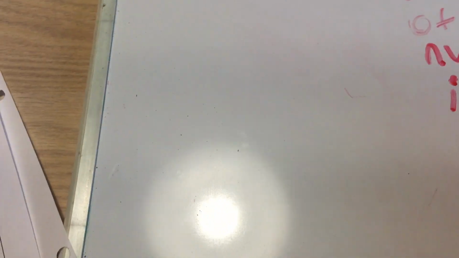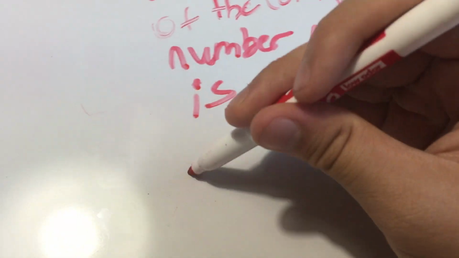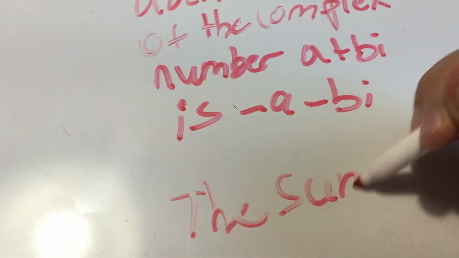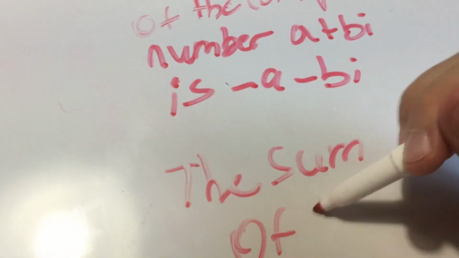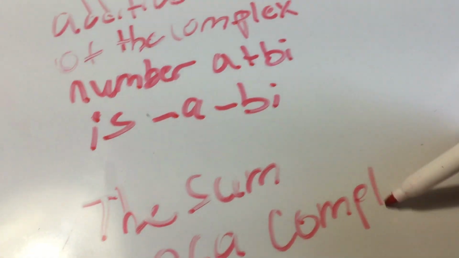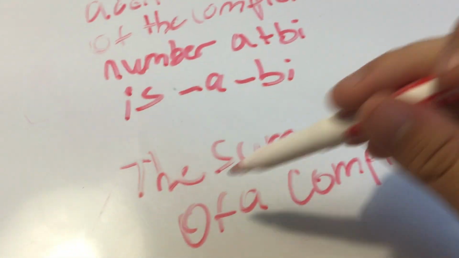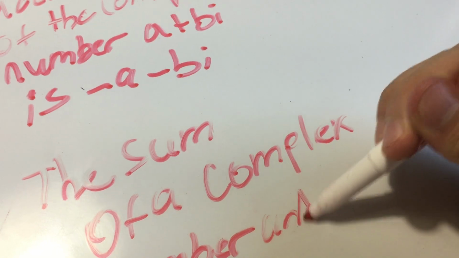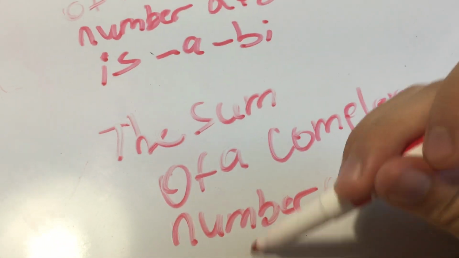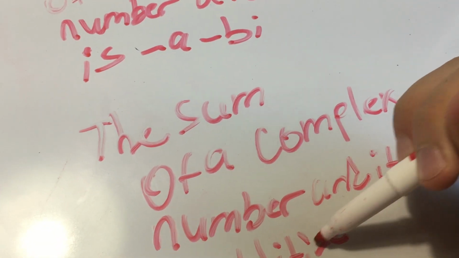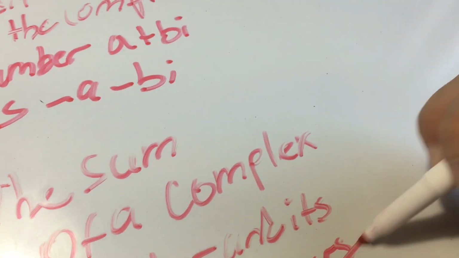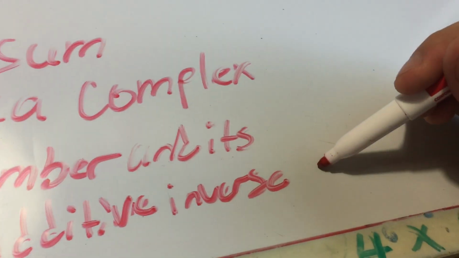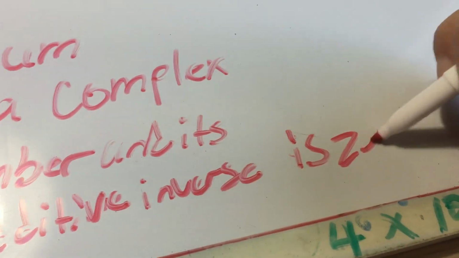So for example, and oh wait, also the sum of a complex number and its additive inverse is 0.